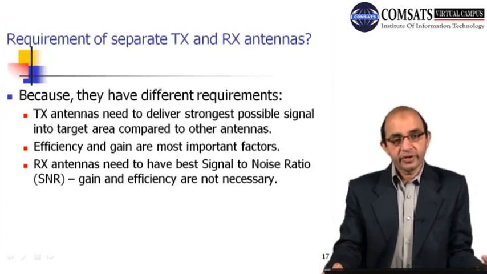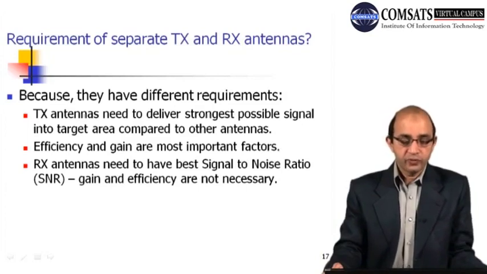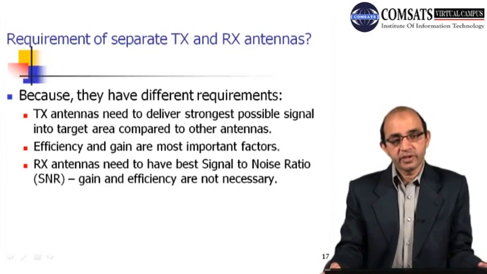But in case of the receiving antenna, we need to receive the best signal to noise ratio. So when we talk about the transmission antenna, we want to transmit the maximum possible signal into the target area, and whenever we talk about the receiving antenna, we need to have the best signal to noise ratio.